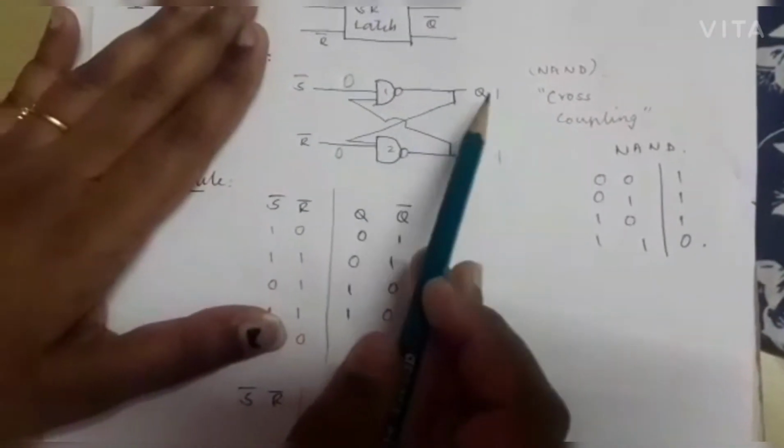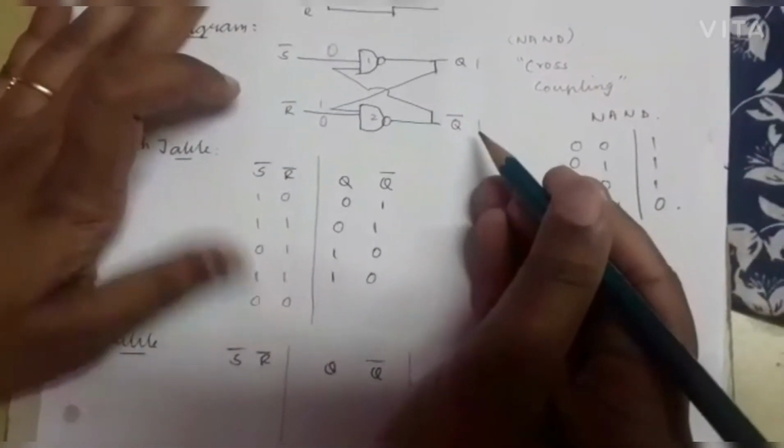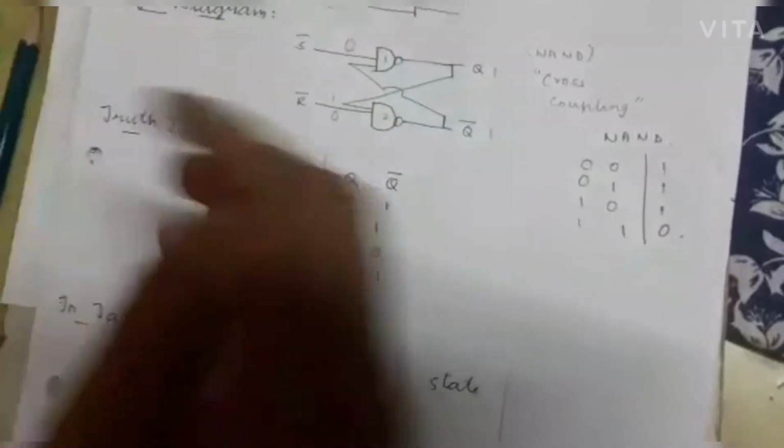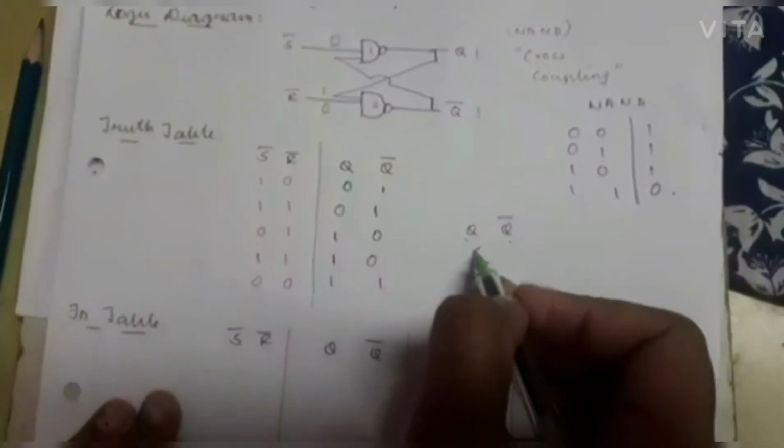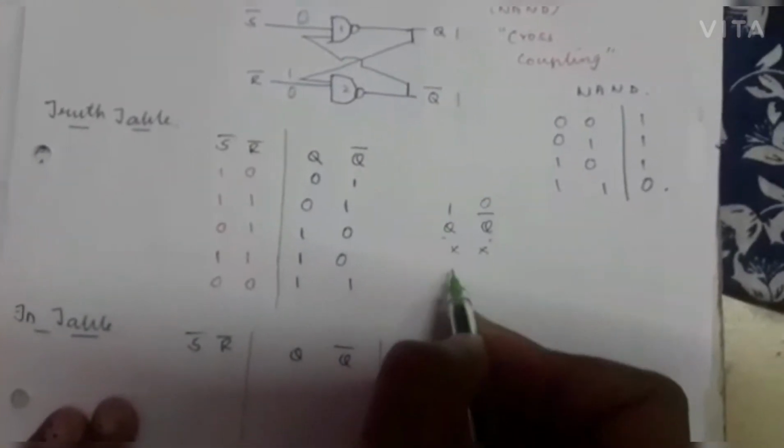Or if you take it in the second method, that is getting Q over here, my 1, 0 combination also gives me 1. So here, as you see, my outputs are 1 and 1. But Q and Q bar need to be complements of each other, and here this fact is contradicted. If Q is 1, my Q bar should be 0. If Q is 0, my Q bar should be 1. But here, both are 1s. So this is an undefined state.